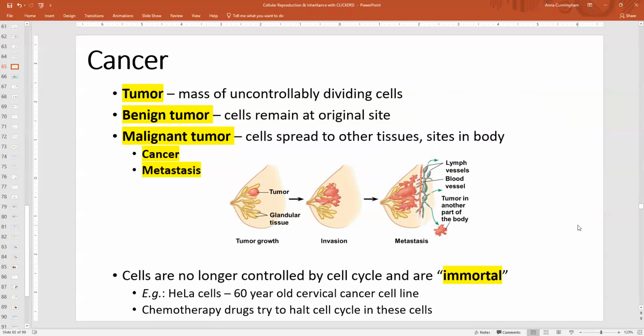Like we talked about, immortal cells are sort of not regular cells. They can survive in pretty harsh environments. People that enroll in phase 1 clinical trials are taking a pretty risky step, because it's the first time that a chemical, a drug, or a vaccine has been used on a living, breathing human.